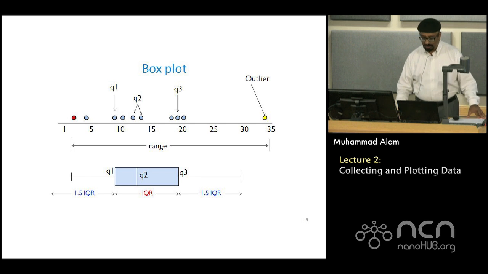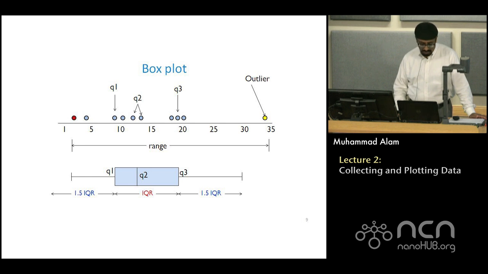Take the interquartile range, shown on the bottom layer as the red point, the IQR, and whatever that value is, take 50% more. That will be 1.5 IQR, and add it to the Q3 point.